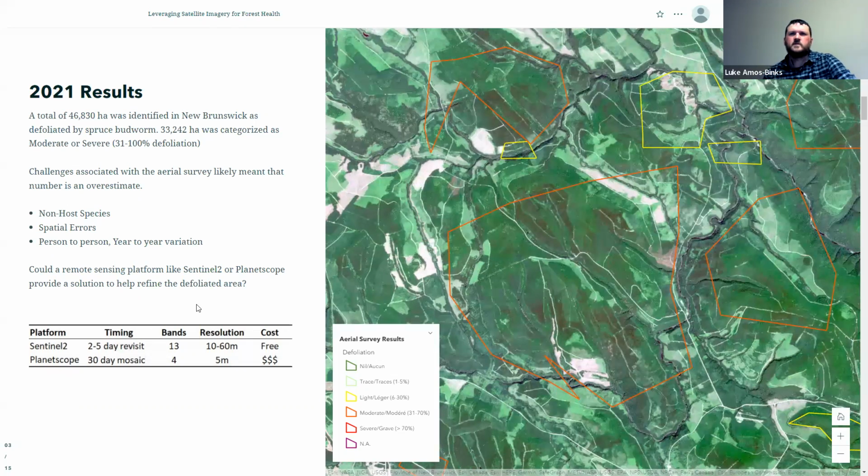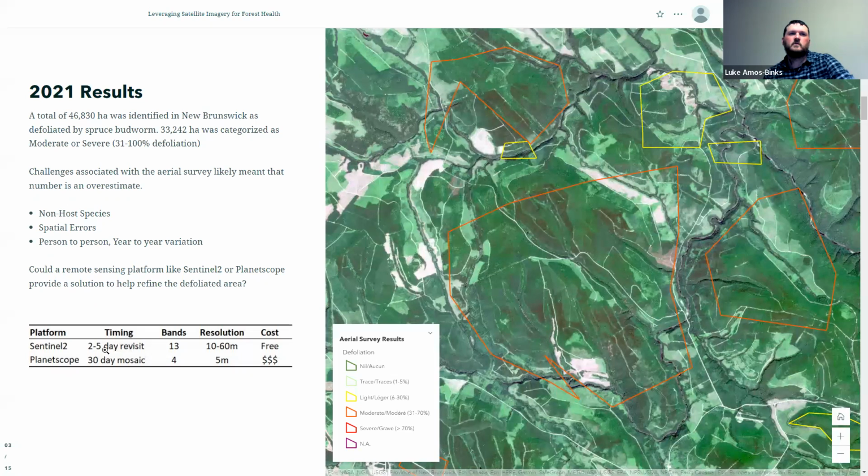So one of the questions that had been on the back burner for us was, could a remote sensing platform like Sentinel-2 or PlanetScope provide a solution to help refine the defoliated area? This is a table breaking down some of the specifications associated with them.